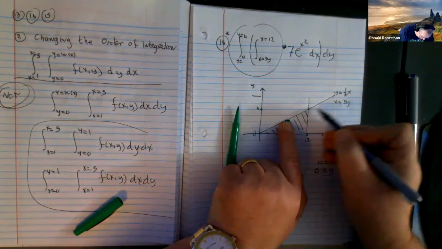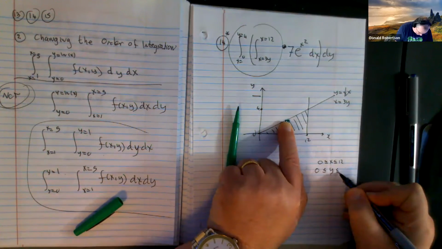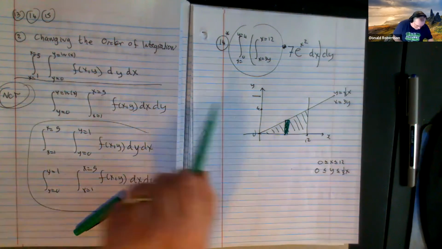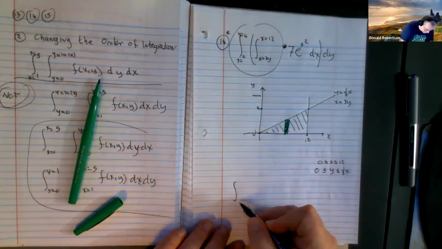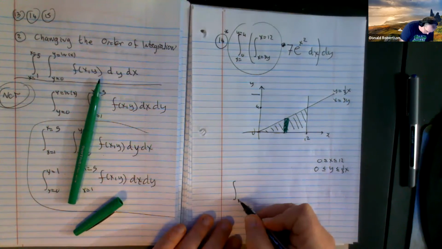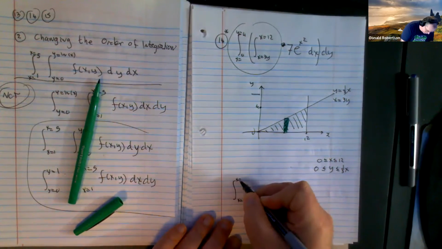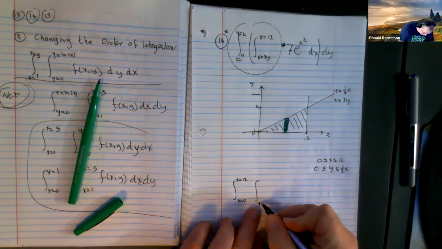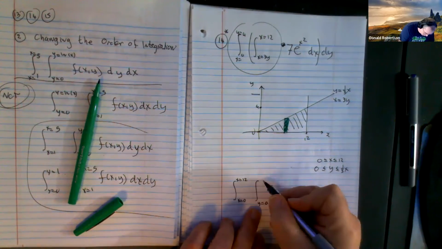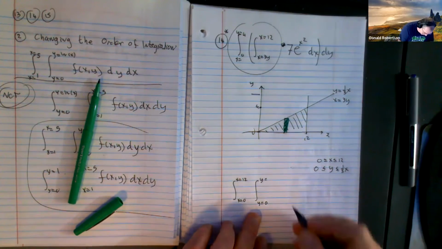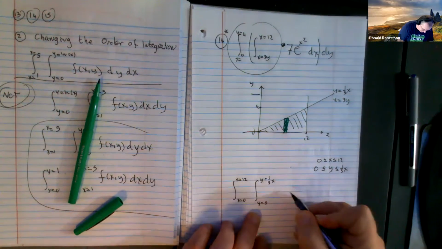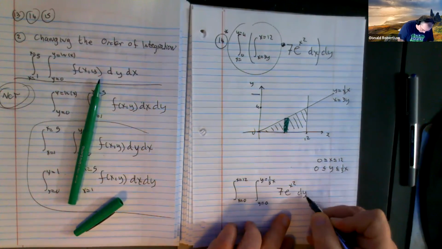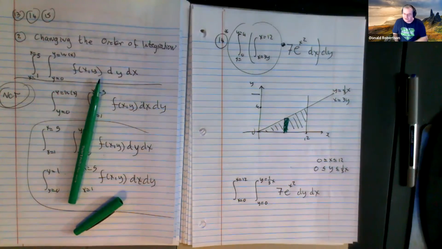And at the top, aren't the y's the straight line 1/3 x? So we now have the integral from x equals 0 to x equals 12, the integral from y equals 0 to y equals 1/3 x, of 7e to the x squared dy dx, right? That's the change in order.